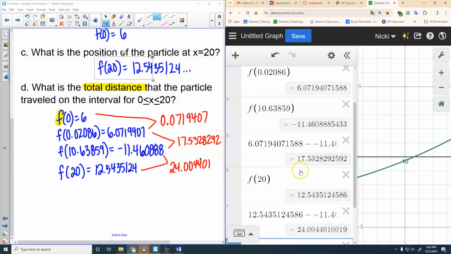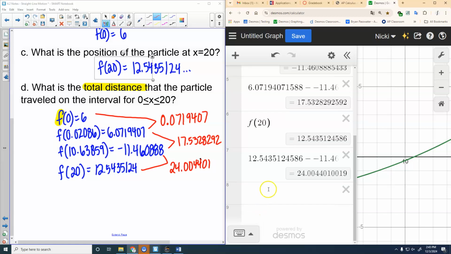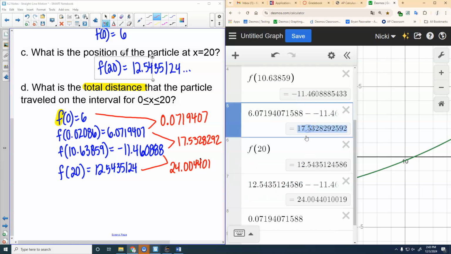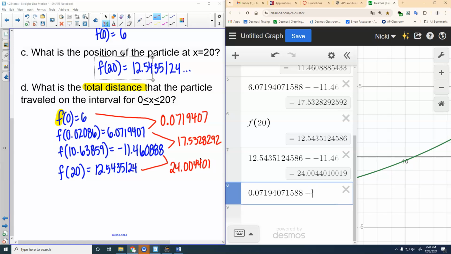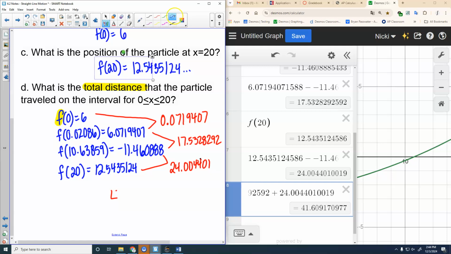So we would have the 0.07 here, this number, and this number. And I get 41.609 units total distance.